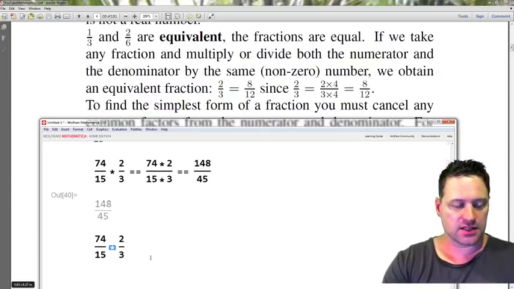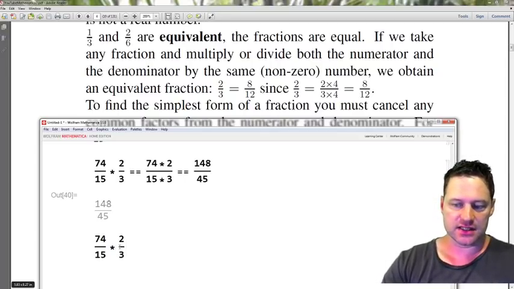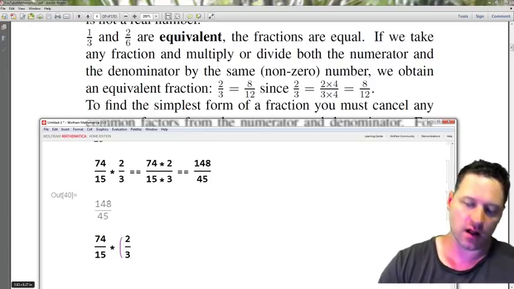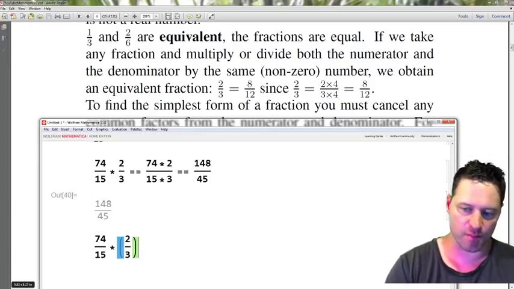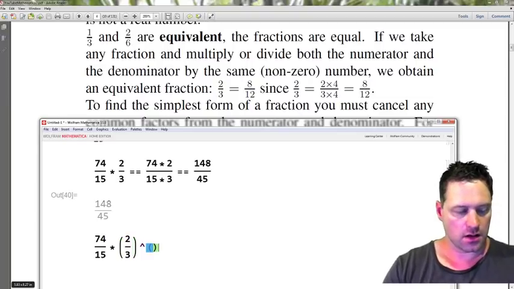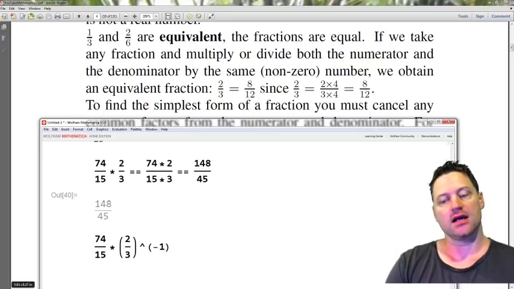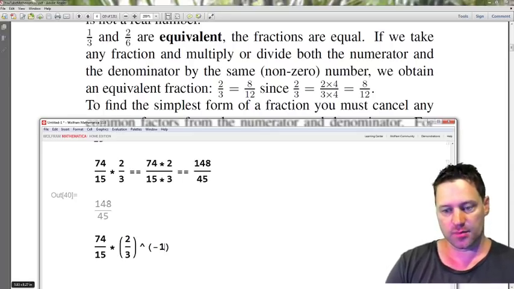Anyway, it's probably best to think of this as a power of -1. So I'm just going to enter a division problem, with 2/3 to the power of -1. That would say 74/15 divided by 2/3.